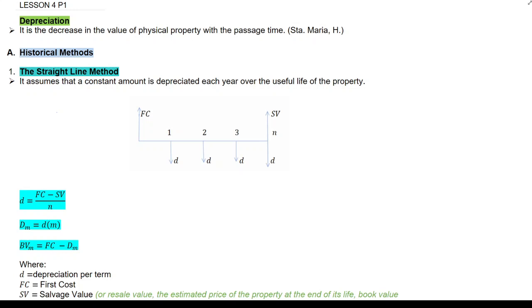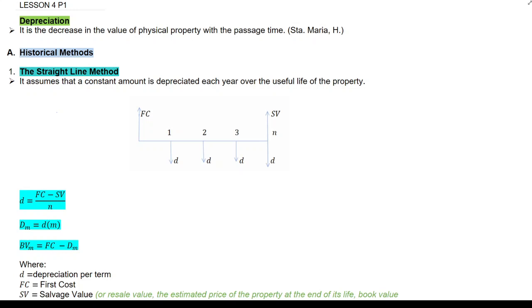For lesson 4 part 1, we are going to talk about 3 methods: the straight line method, sinking fund method, and sum of the years digits method, or SOYD. So for number 1, for historical method, that is the straight line method.